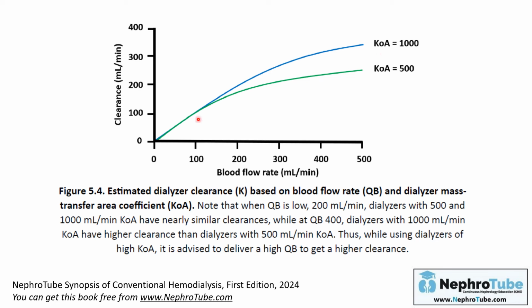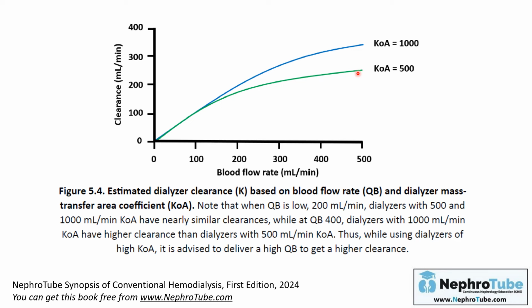Look here at 100, there is no difference between the two dialyzers, although the one with the blue line has more efficiency than the one with the green line. Also, at 150, the difference between them is not that much. At 200, the same. While at, for example, a blood flow rate of 500 or 400, we'll find a huge difference between the clearance of both dialyzers.